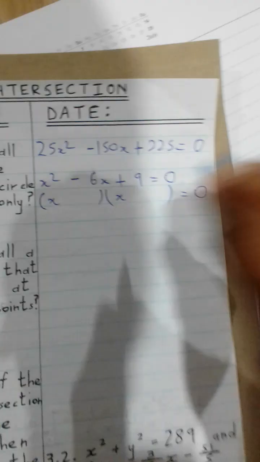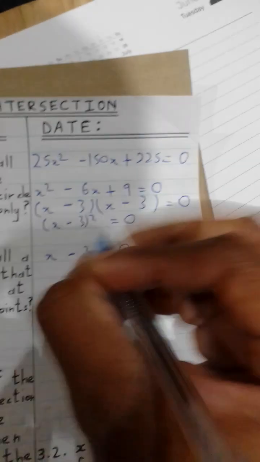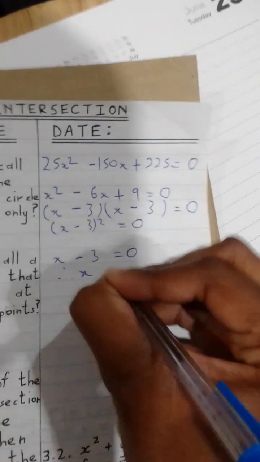Quadratic trinomial. So this is a perfect square trinomial. 3, 3, negative, negative. So we have x minus 3 squared is equal to 0. So x minus 3 is equal to 0. Therefore, x is 3.